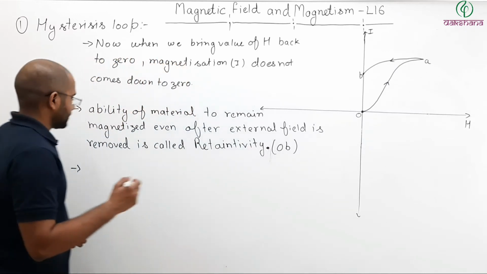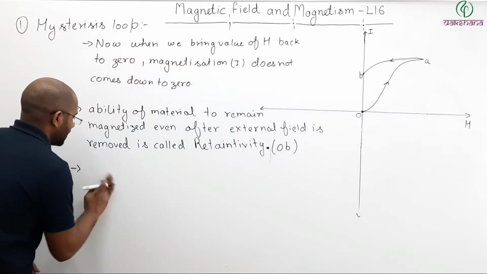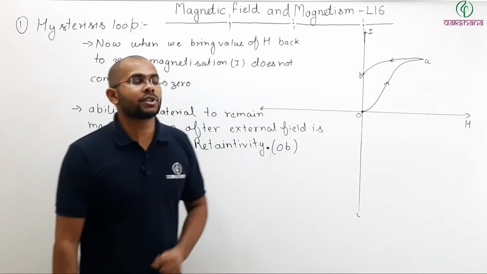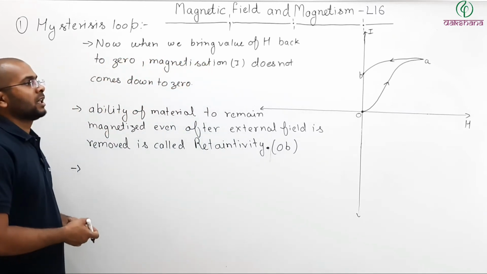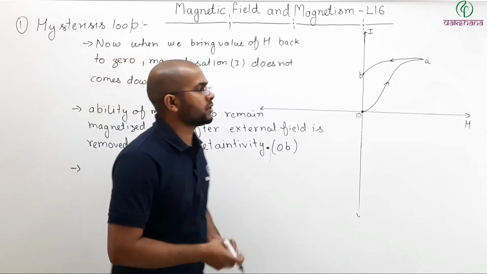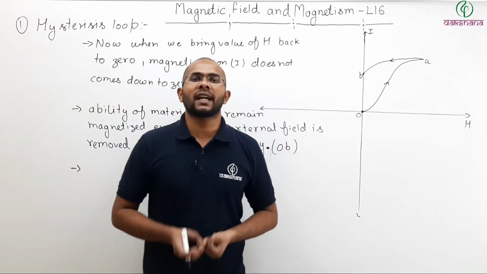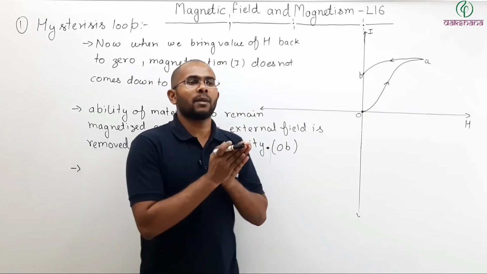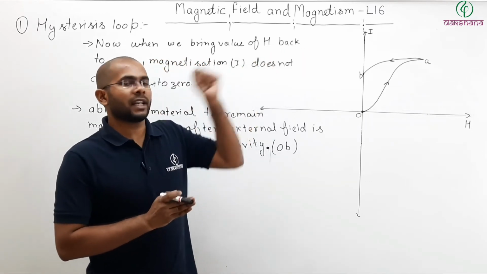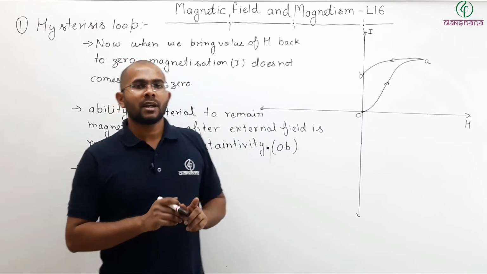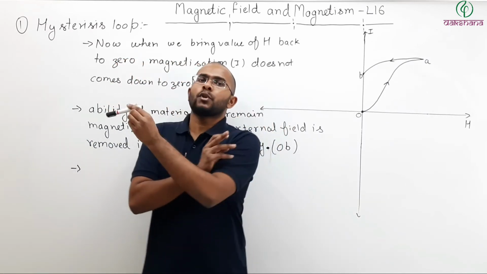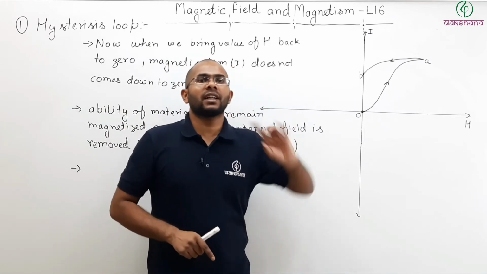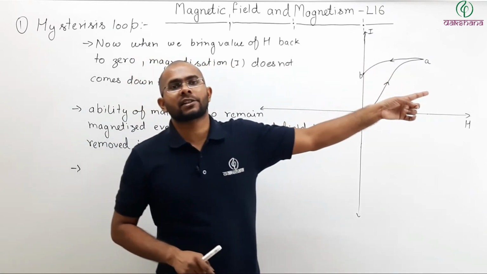If magnetic intensity is increased in the opposite direction, the material will be forced to reach the 0 magnetization state. Why? Because initially atomic dipoles were aligned in one direction, and by applying a field in the opposite direction, I am forcing them to break their alignment in the original direction.